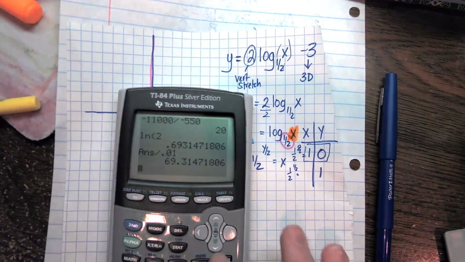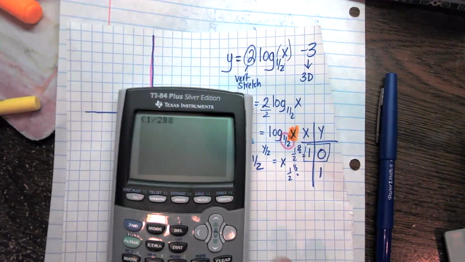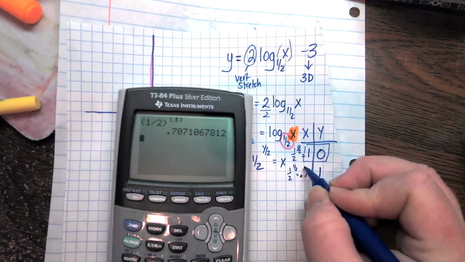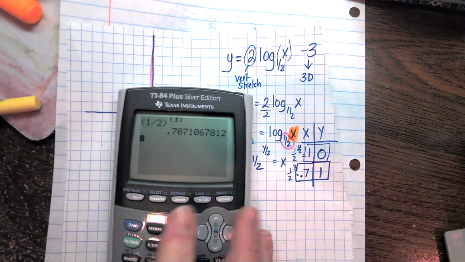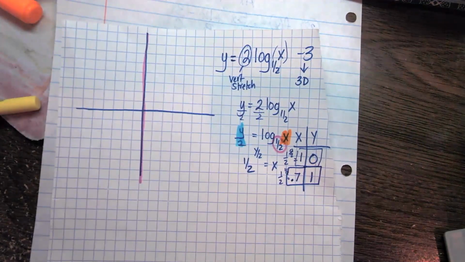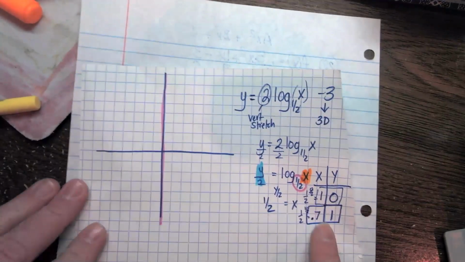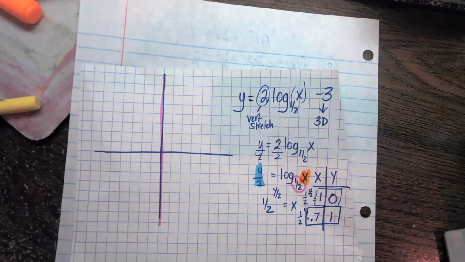What is 1/2 to the 0.5 power? Oh, 0.7. Okay, well, that's interesting. Okay, so let's graph this.